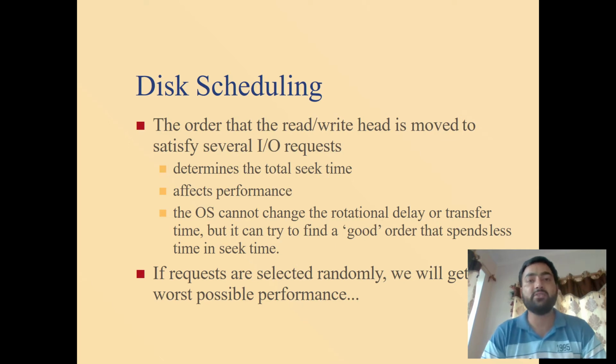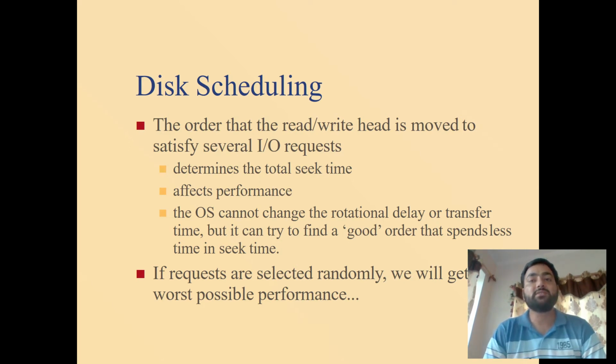So these cannot be changed, but the system can try to find a good order, a better sequence for the process, so that it spends less time seeking a particular track. That means seek time can be reduced by optimizing a better sequence by the operating system. But rotational delay and the transfer time cannot be changed.